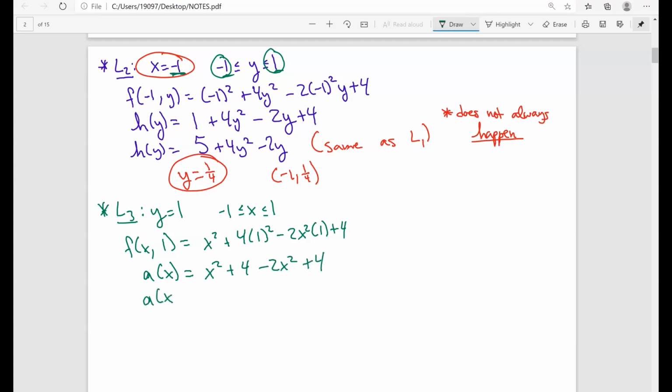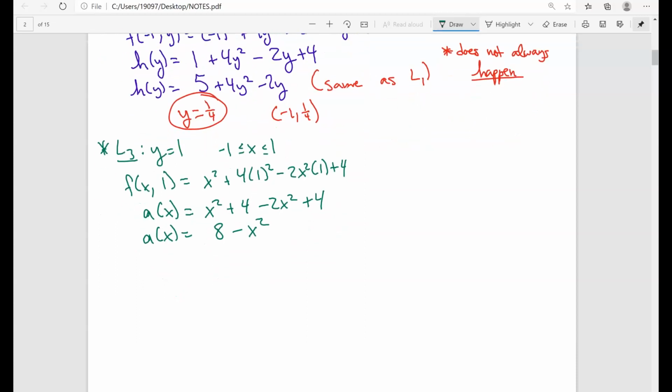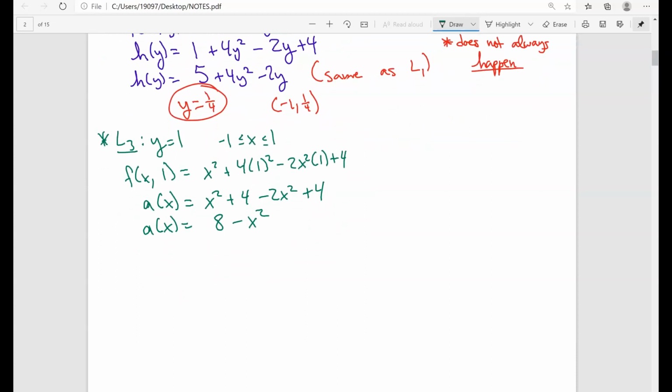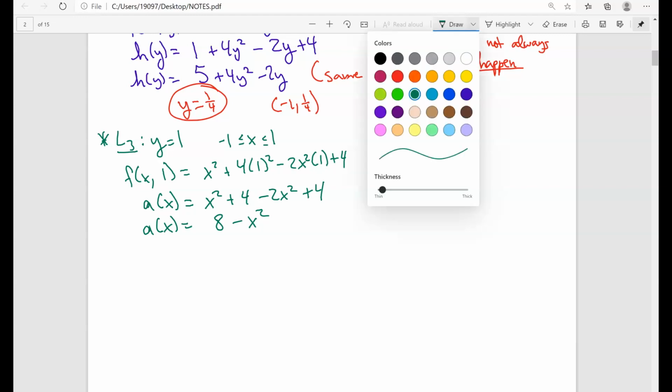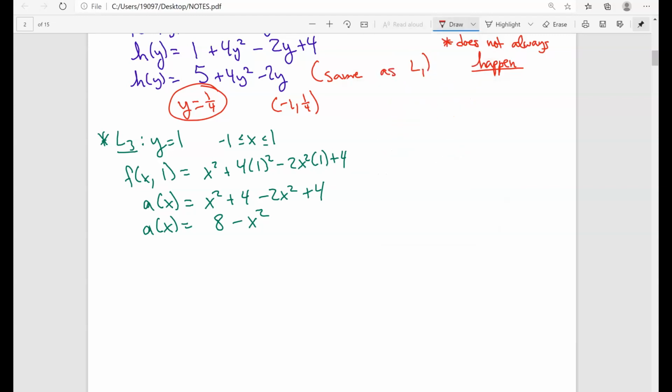So a sub x is going to be equal to 8 minus x squared. We're going to take the derivative of this, remembering that x here is between -1 and 1. We get -2x and set it equal to 0, and we get x equals 0. So we get a critical point at 0, 1.